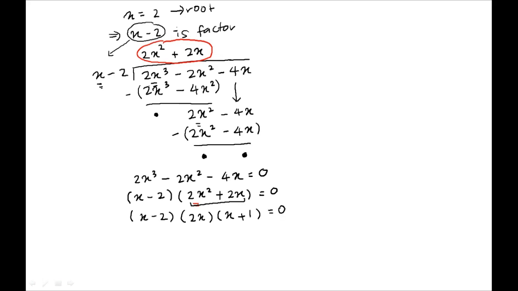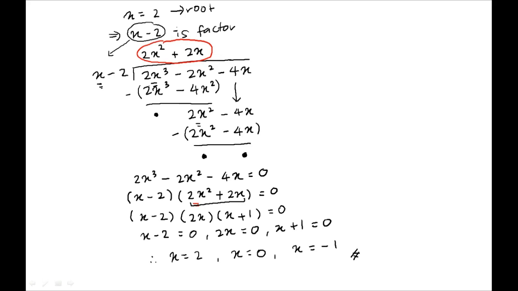So now we have x minus 2, 2x, x plus 1 equal to 0. Then make x the subject. x minus 2 equal to 0, 2x equal to 0, and lastly x plus 1 equal to 0. That means x equal to 2, x equal to 0 divided by 2, 0, and x equal to negative 1. So, this is our final answer.